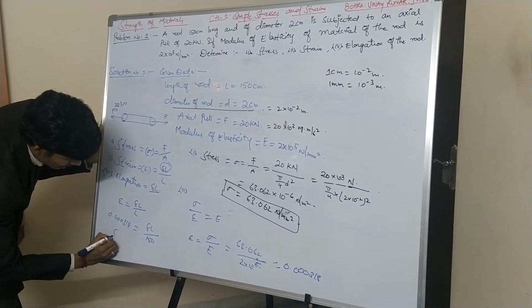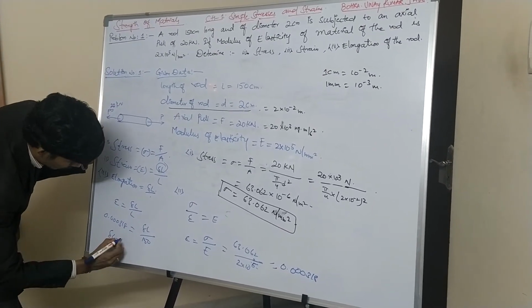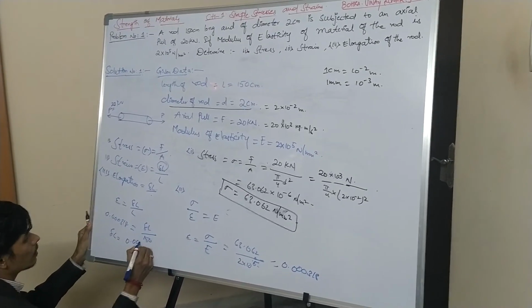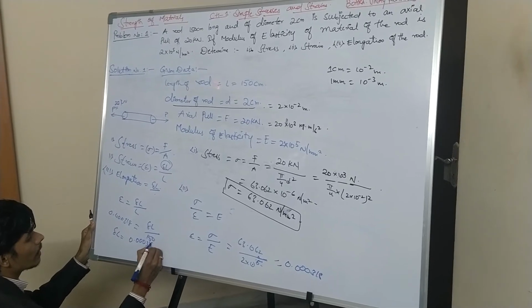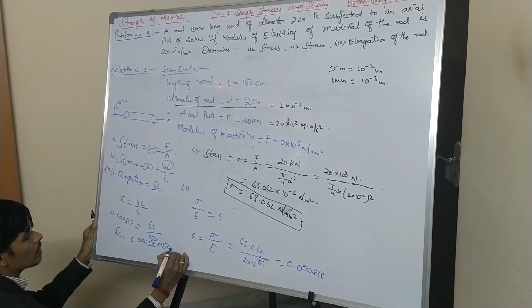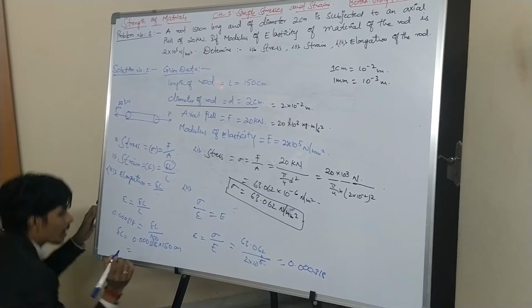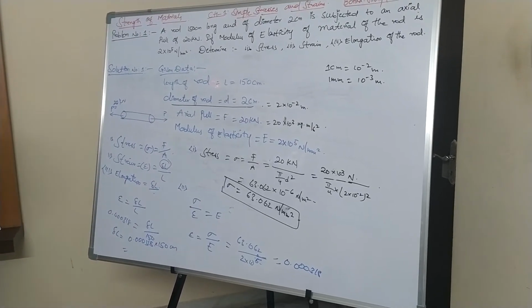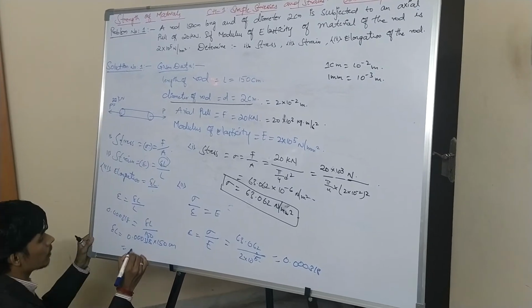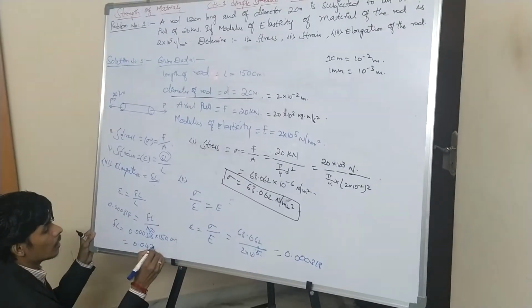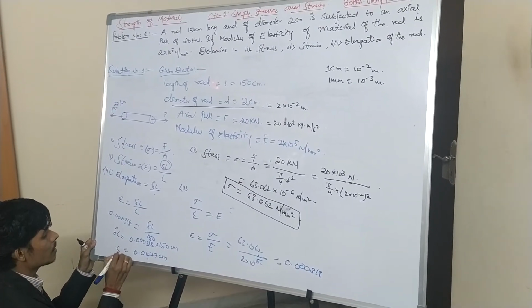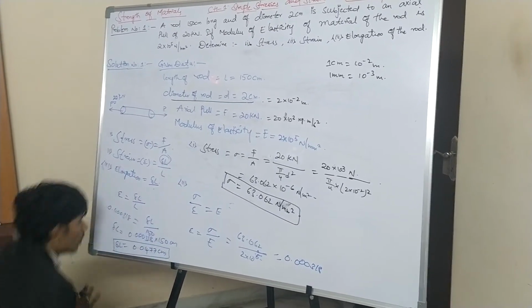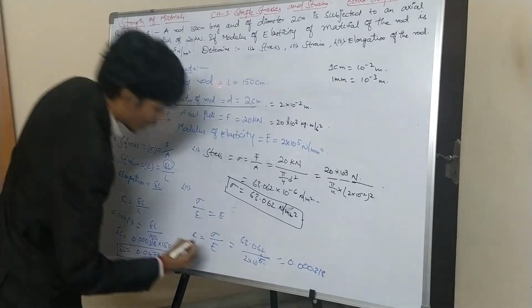If you cross multiply, you get 0.000318 into 150 centimeter. On simplification, the change in length is 0.0477 centimeter.